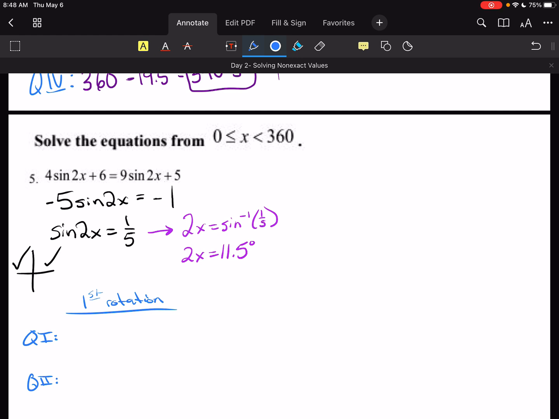So quadrant 1, right? I have 2x equals 11.5, but I just need the original, or just the angle measure x. So I would divide by 2 and get an angle measure of 5.75.